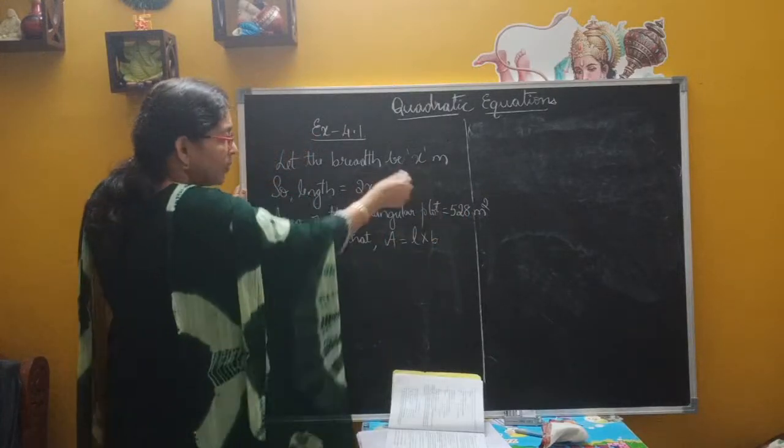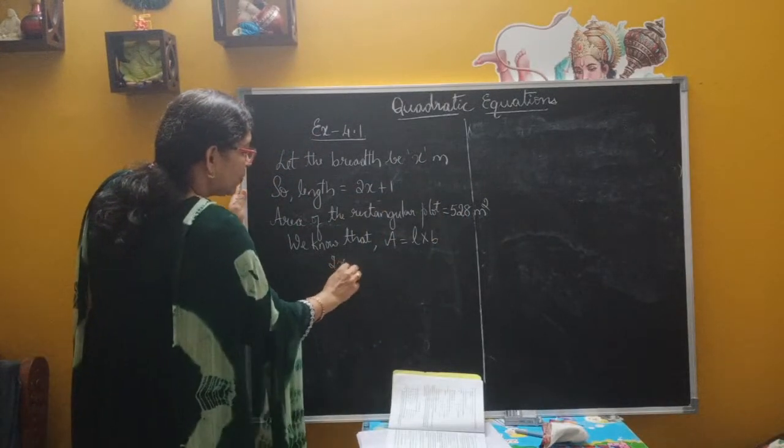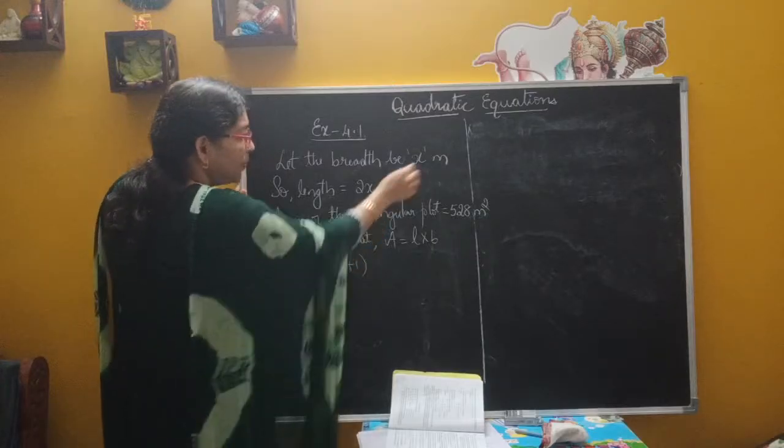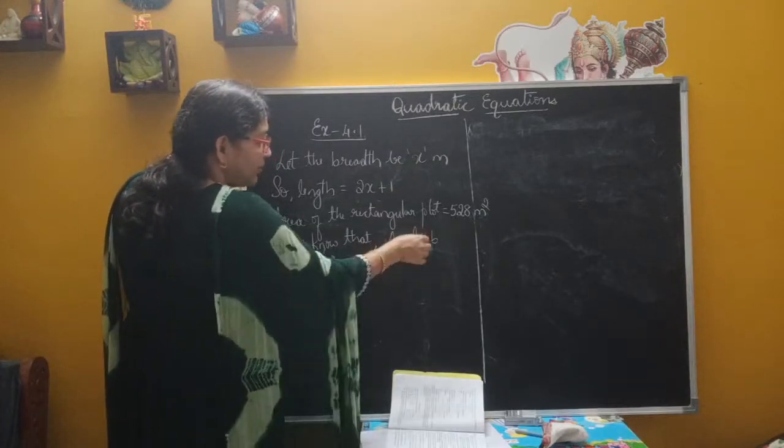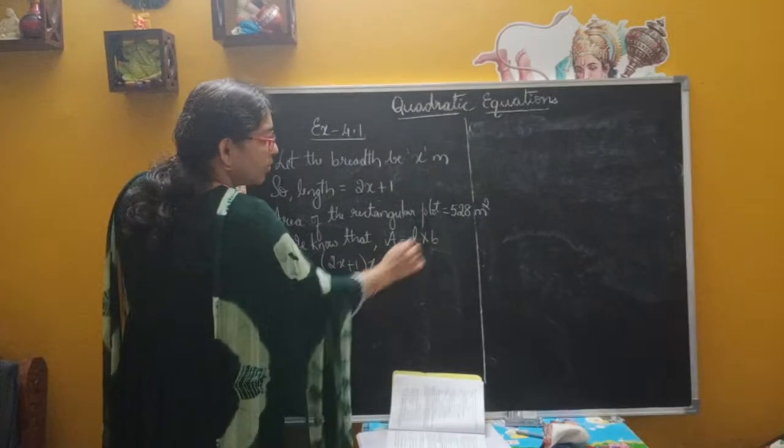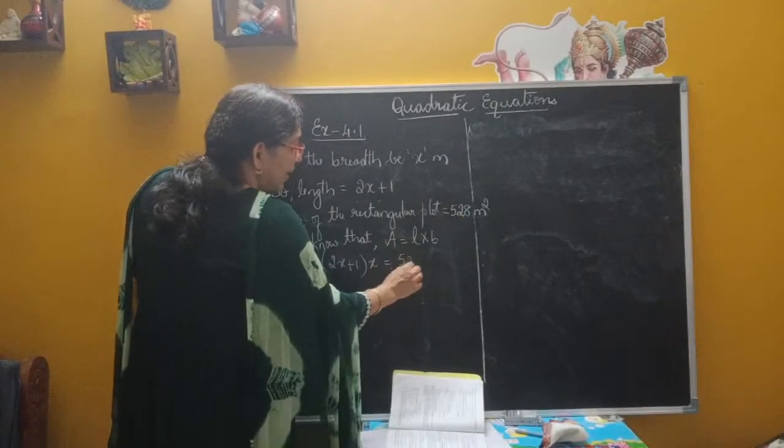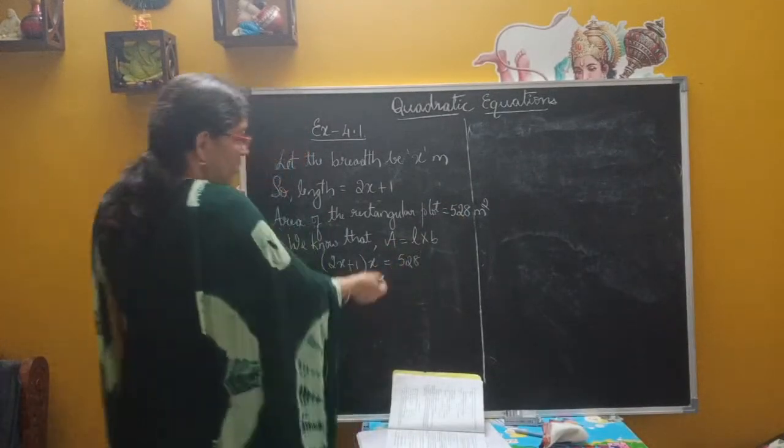What is L, what is B? L is 2x plus 1 and B is x. So L into B is equal to 528, they have given.